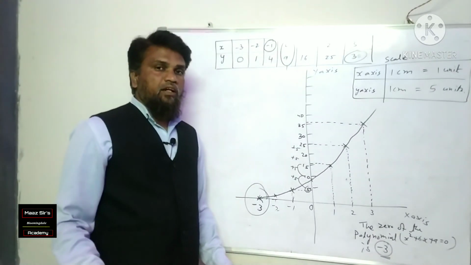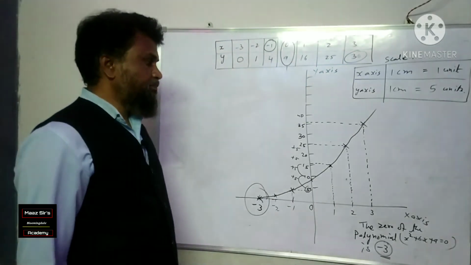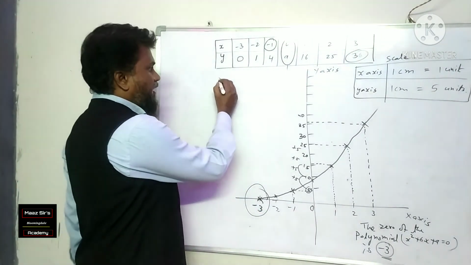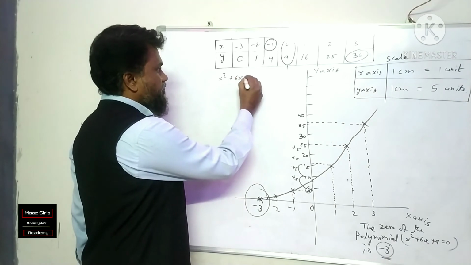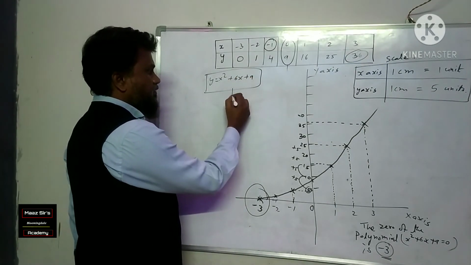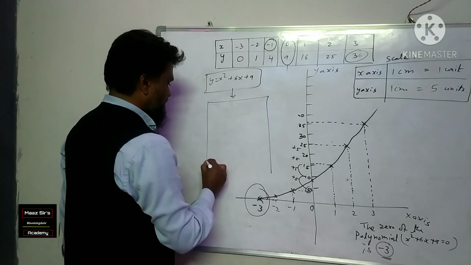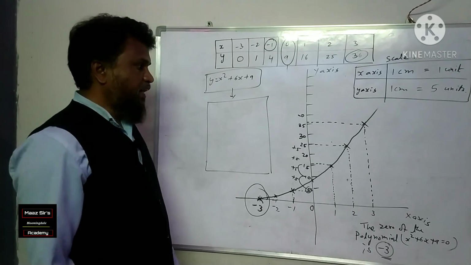Finally I want to give some important tips. Please remember those tips. The calculation part that you have done, you have to do on the graph sheet, at the back of the graph sheet.